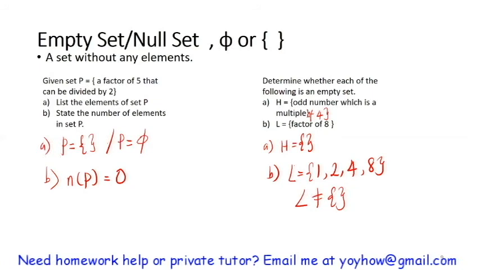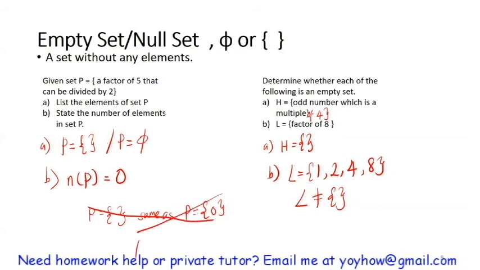So class, take note of this, because this is one of the common mistakes most students make. They mistake P equals {0} as the same as P equals the empty set. This is wrong. Why?